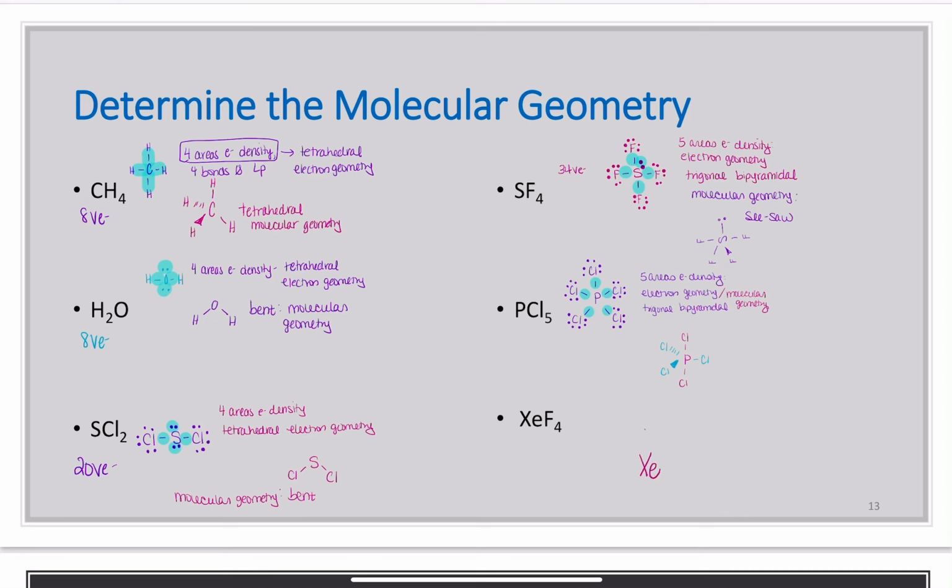So Xe, F, F, F, and F. That's used up 32 electrons, 2, 4, 6, 8, 10, 12, 14, 16, 18, 20, 22, 24, 26, 28, 30, 32. Still have 34 and 36. So 1, 2, 3, 4, 5, 6. 6 areas of electron density.